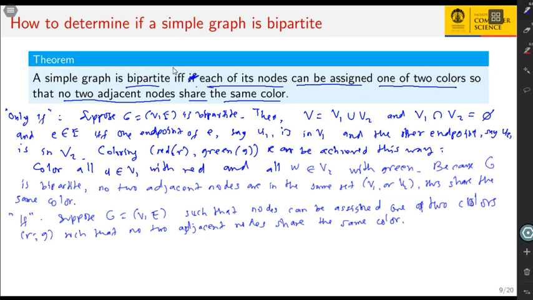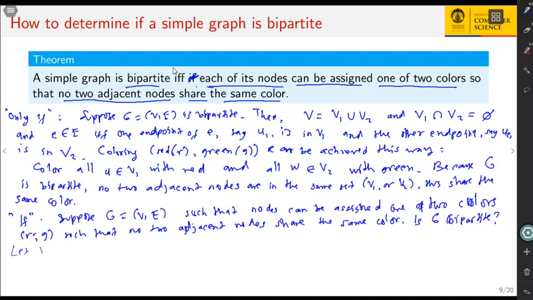Now what we want to show is whether G is actually bipartite. So is G bipartite? Well, the answer is of course yes, but let's show this. Let's define the partition.